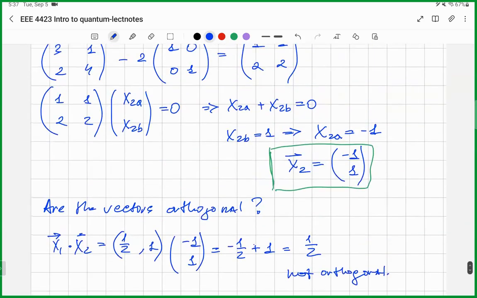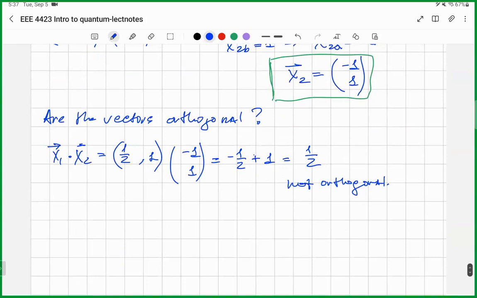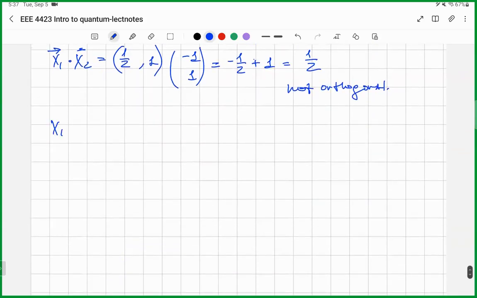And finally, as a practice, let's normalize these vectors, because usually we represent the vectors in quantum in the normalized way. So, for example, x1 absolute value, right?